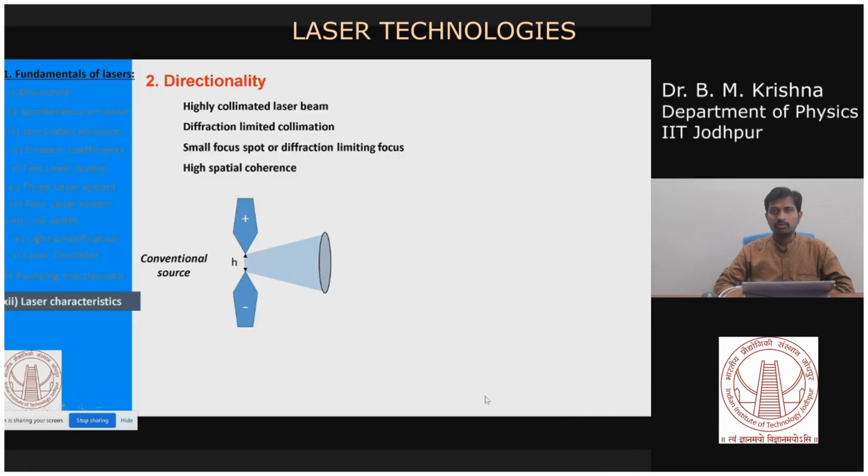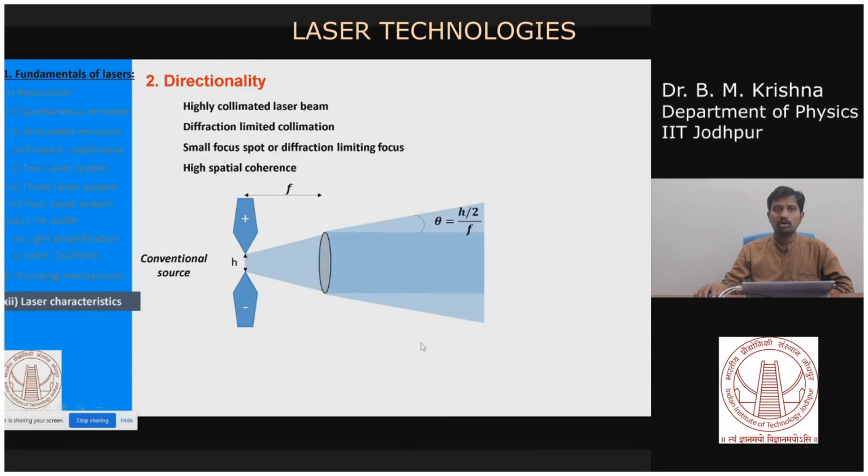Then it will be a conical emission, then you use a lens with focal length f to collimate the light, and then you are able to collimate a beam. But how good this collimation is depends upon your source as well as how much light you are able to collimate.